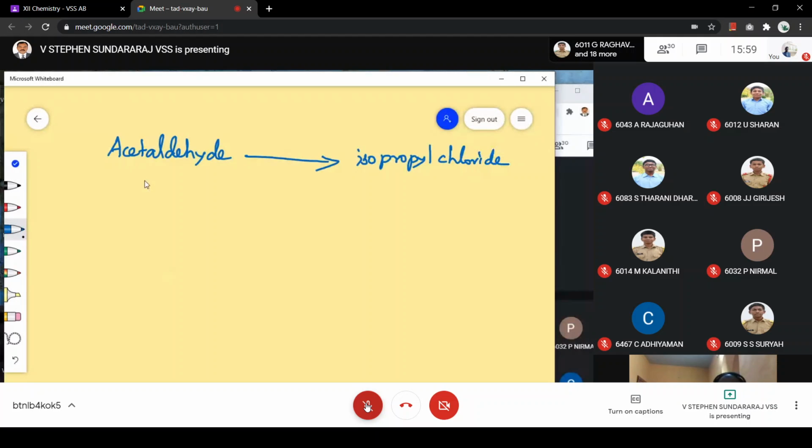Immediately I told you, that's why you should know the structural formula. Acetaldehyde is CH3CHO. In mind you have to think like this: CH3, C double bond O, H. That means it is a carbonyl group, and here only this reaction will operate. That is one idea. Then isopropyl chloride means CH3, CH3, here chlorine.